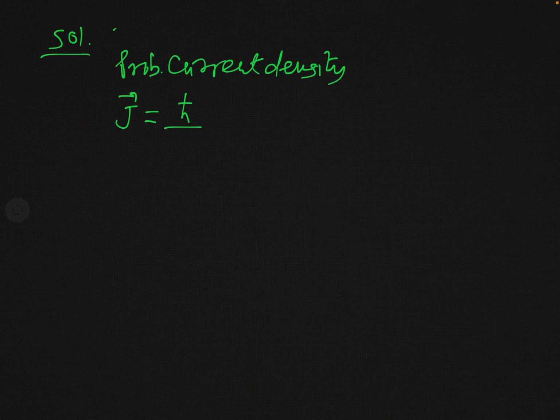So I am writing here J is equal to h cross over m times imaginary part of psi star times del psi. Here del psi means gradient of psi. I have used this expression, and you will see this expression is also useful in calculating the probability current density.